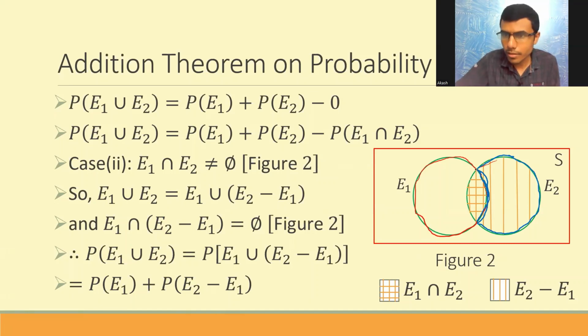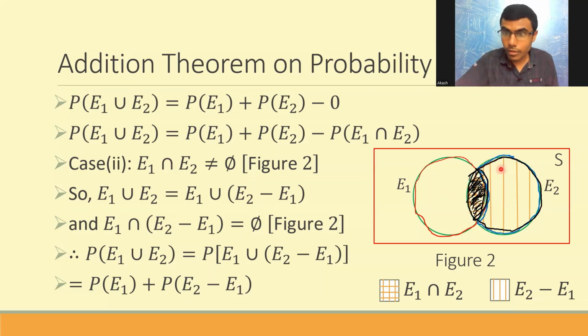This blue part I can write as this entire E2, minus this region. So that blue part which I showed you previously, this curve sort of thing, I can write as the entire big black circle minus this other small black region which I shaded.